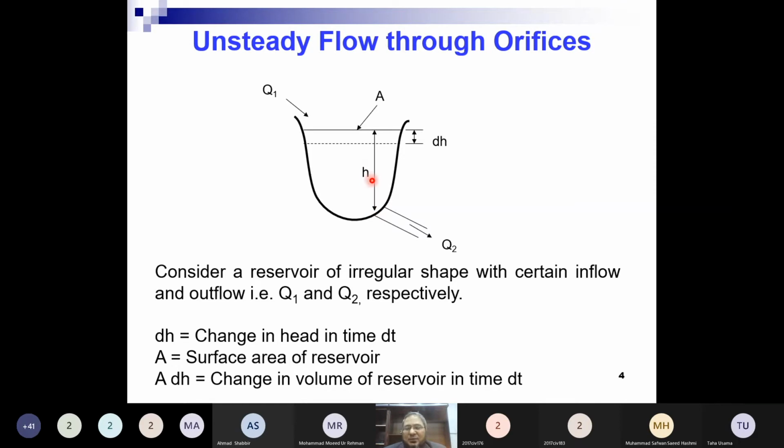Do you think it is a variable, or is it a constant? It is not constant. For example, when would it be constant? When Q1 is exactly equal to Q2, then the H will not change and the H will become constant.